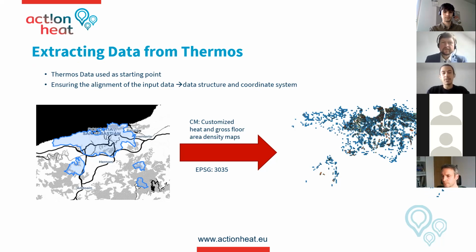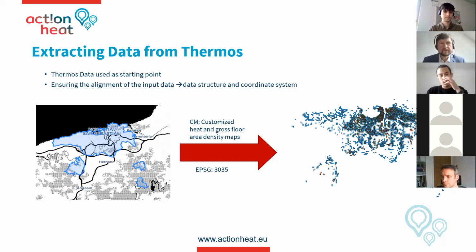So in that sense, we decided to use the Thermos data as a starting point. But nevertheless, once again, other sources of local data and GIS files are always recommended.